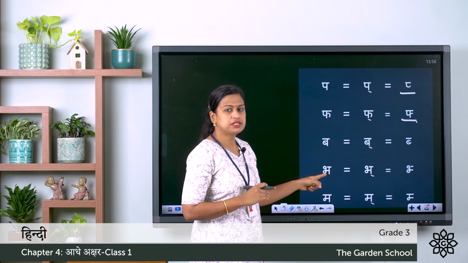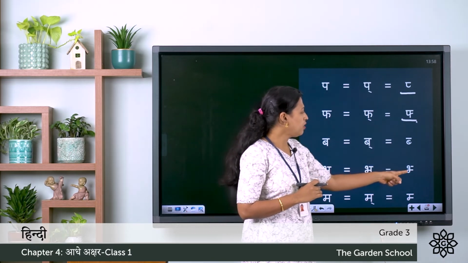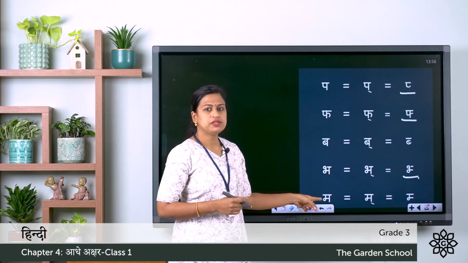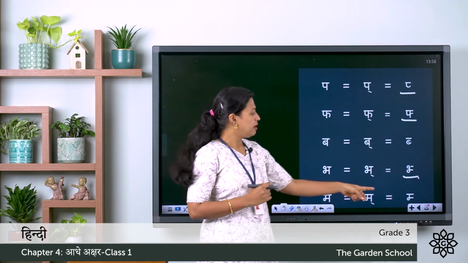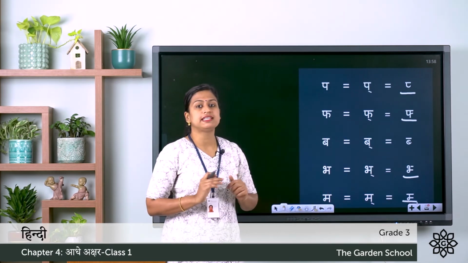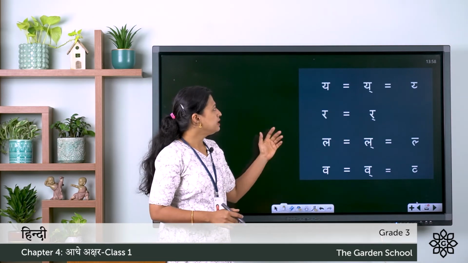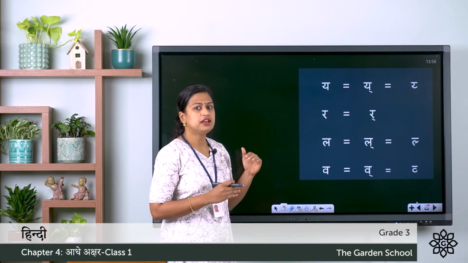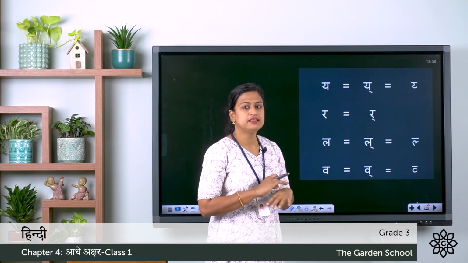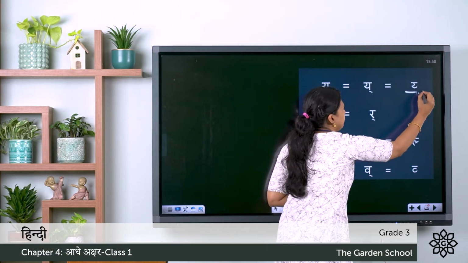Next Vyanjan akshar bha. Here also there is no standing line. Next Vyanjan akshar ma. Ma also in the half form has no standing line. Now the next Vyanjan akshar ya. Here in the half form you can see there is no standing line.